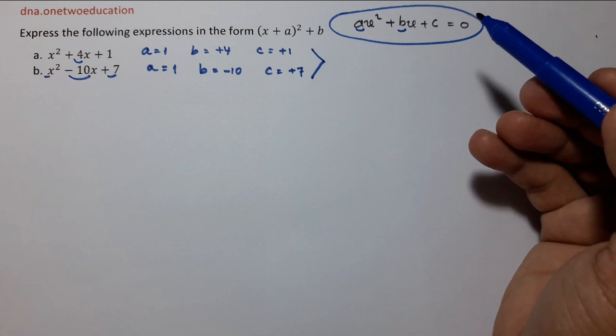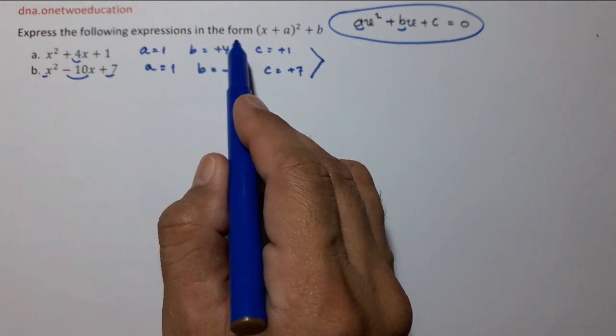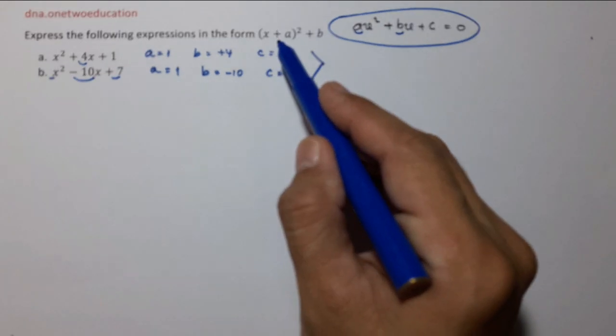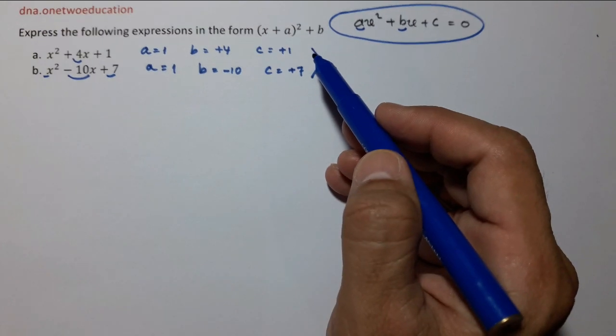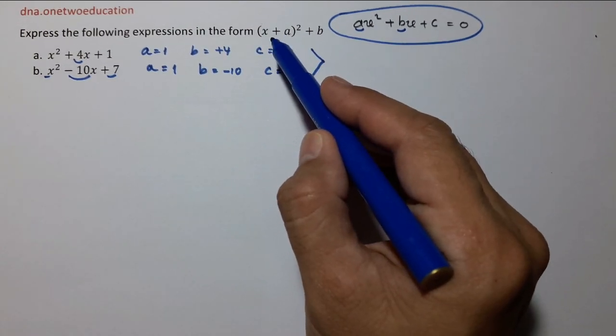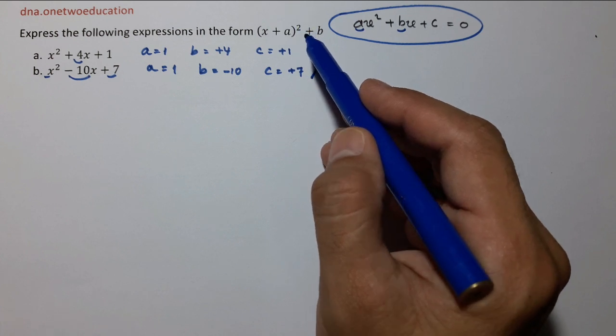Okay, students, for number 1, express the following expression in the form x plus a, in brackets, squared, plus b. Once again, open the bracket, x plus a, close the bracket, square, plus b.